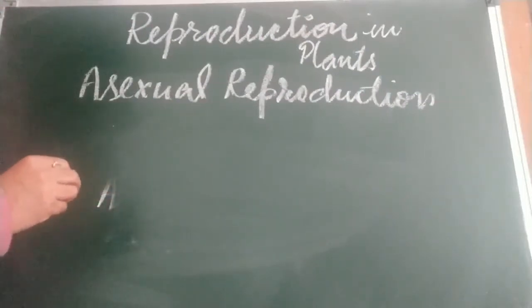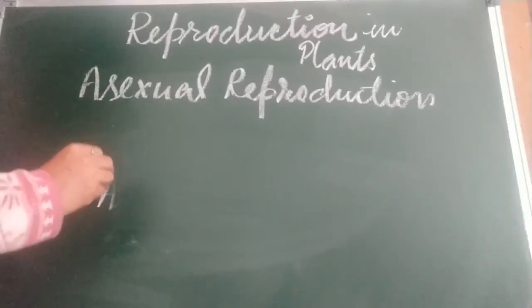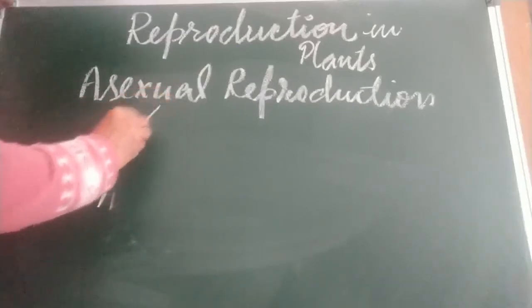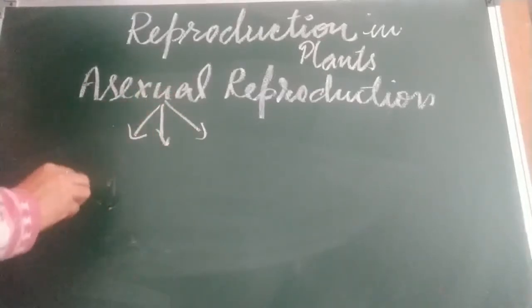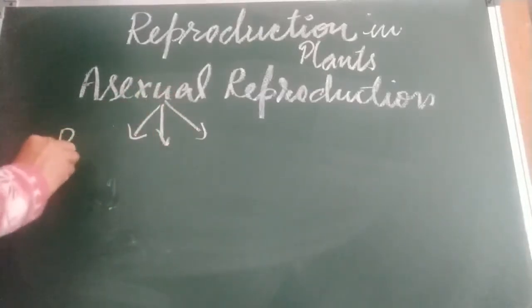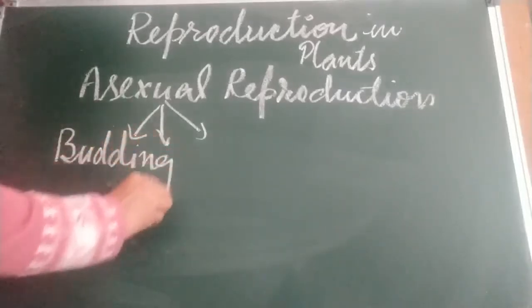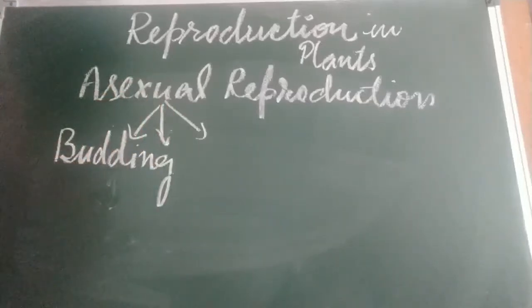Children, you are aware of cells. Asexual reproduction is the simplest form of reproduction found in plants. It is again of three types. One by one we will discuss. First is budding. Second is fragmentation, and third is through spores.